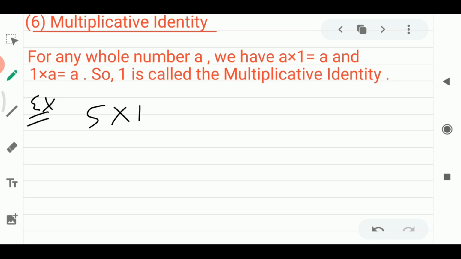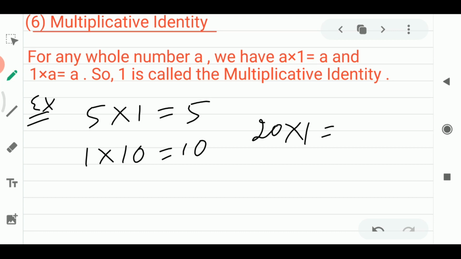If 1 is multiplied with 5, the answer is 5. Suppose 1 into 10 is 10. 20 into 1 is equal to 20. 1 into 100 is equal to the same, that is 100. So 1 is called the multiplicative identity for whole numbers.